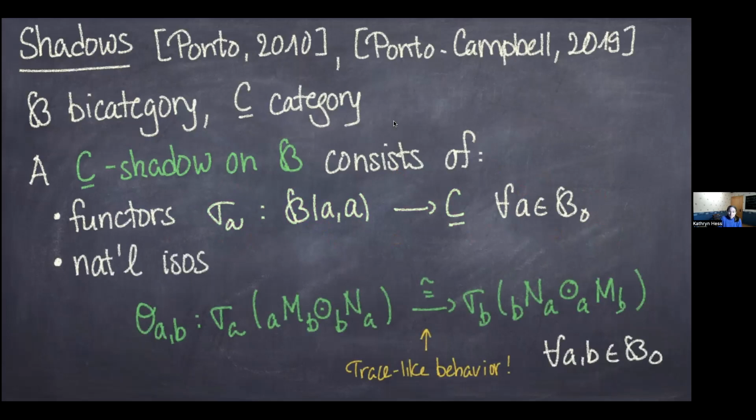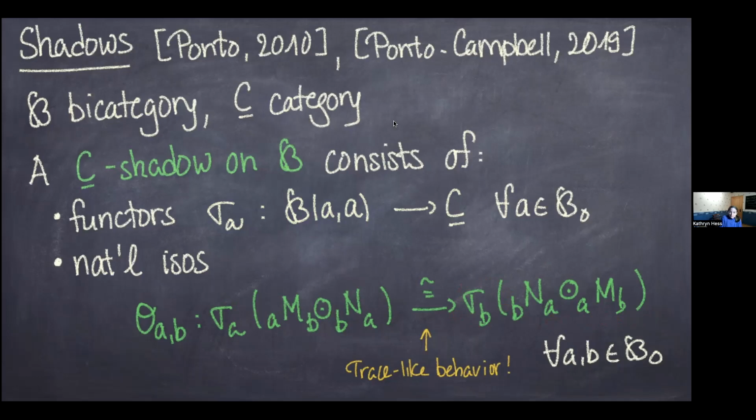And then a bunch of natural isomorphisms between the following. If I take this particular composite, M tensor N, then I have an object in this category here, and so I can apply sigma A to it. Or if I take the tensor in the other order, now I have an object that's in the endo-category of B, and I can apply sigma B to that.